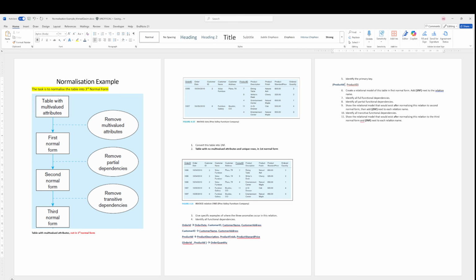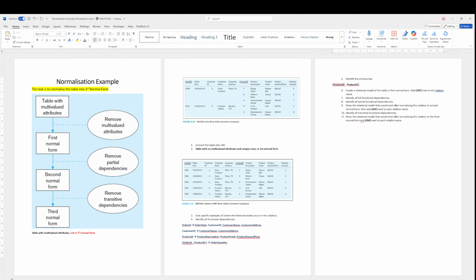In some cases, if you are unable to identify what the order quantity depends on, you can identify the primary key first, and then get back to this one, because you can just leave out the quantity and use this formula to identify the primary keys. So these are the primary keys.